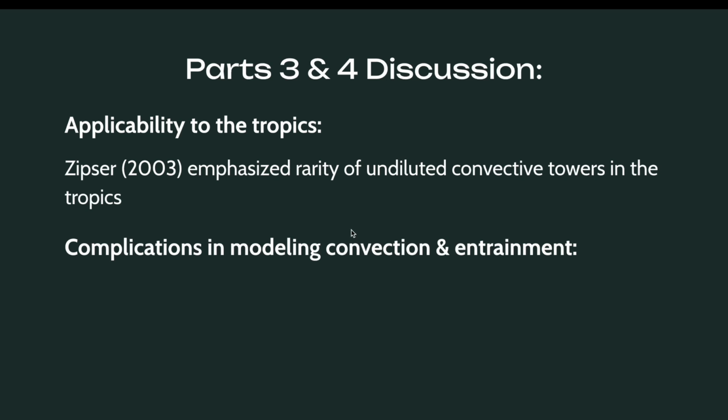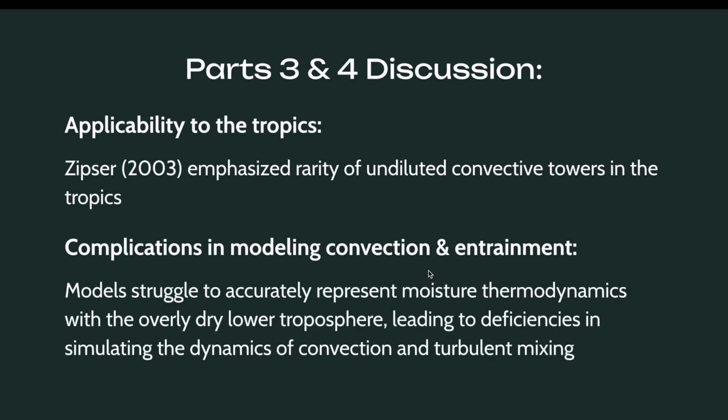Part 4 then asked about some of the complications present in modeling convection and entrainment in the tropics. And current research is showing that many current models struggle to accurately represent moisture thermodynamics, with an overly dry lower troposphere that leads to deficiencies in simulating the dynamics of convection and turbulent mixing.